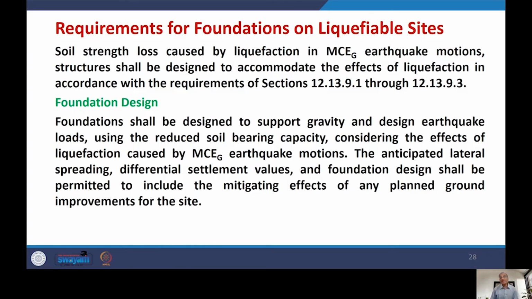Then foundation design should support gravity and design earthquake loads using the reduced soil bearing capacity, considering the effects of liquefaction caused by MCE earthquake motion. The anticipated lateral spreading differential values shall be permitted to include the mitigating effects of any planned ground improvement of the site. So naturally, these are the measures required if you have an issue related to liquefaction.